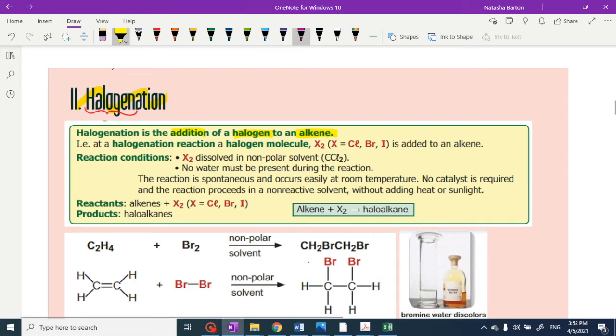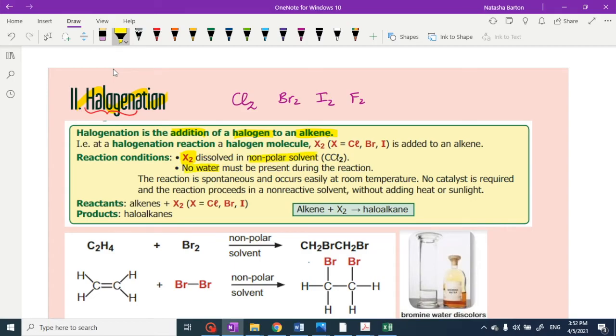And remember, our halogens normally are in atomic form, so they are diatomic molecules. So we will have Cl2, Br2, I2, or F2 reacting with some alkene. Now the reaction conditions are as follows. Firstly, your halogen is going to be dissolved in some non-polar solvent.